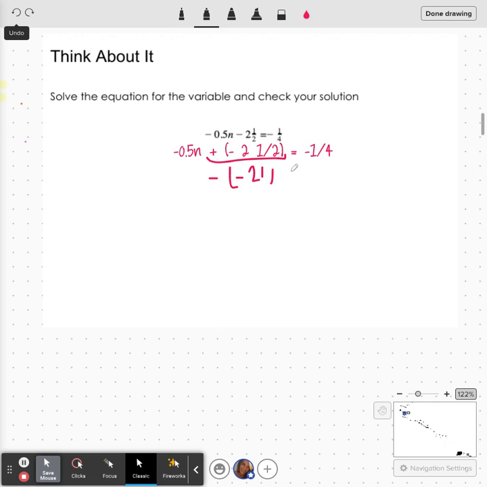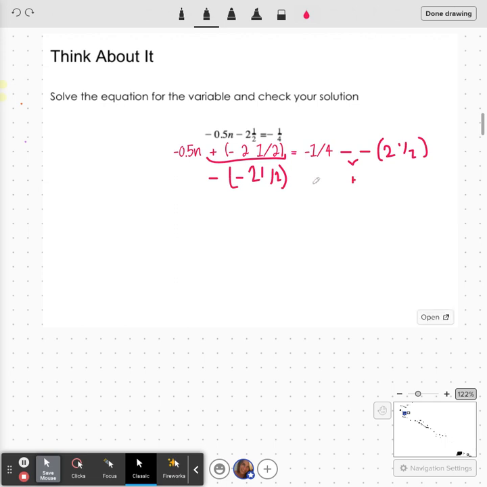So I'm subtracting negative 2.5 from the left-hand side of the equation, which means I also need to subtract negative 2.5 over here.